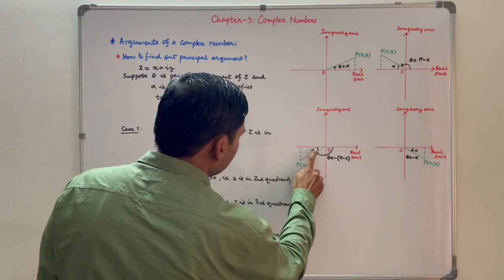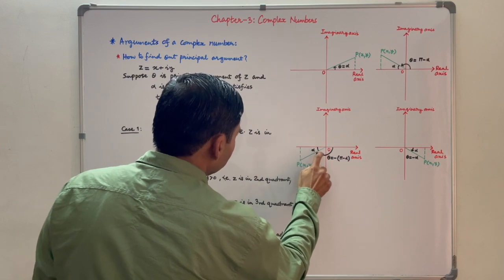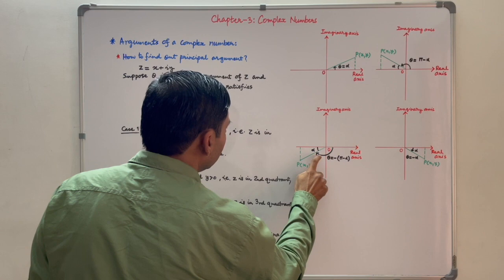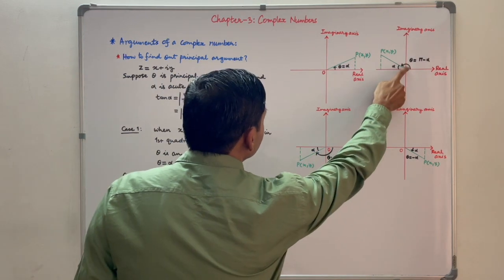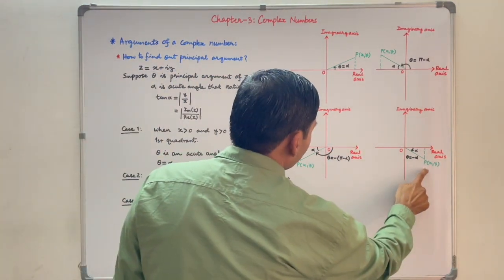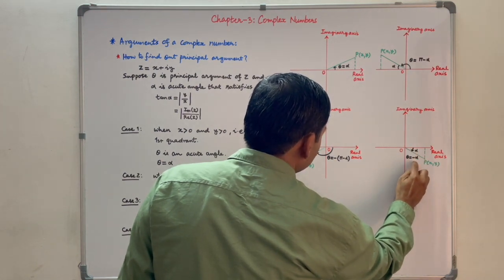This is alpha, so theta is equal to minus pi plus alpha, negative as we are measuring the angle in the clockwise direction. Clockwise is supposed to be negative and anti-clockwise is supposed to be positive. Case 4, z is in the fourth quadrant. This is alpha, so theta is equal to minus alpha.